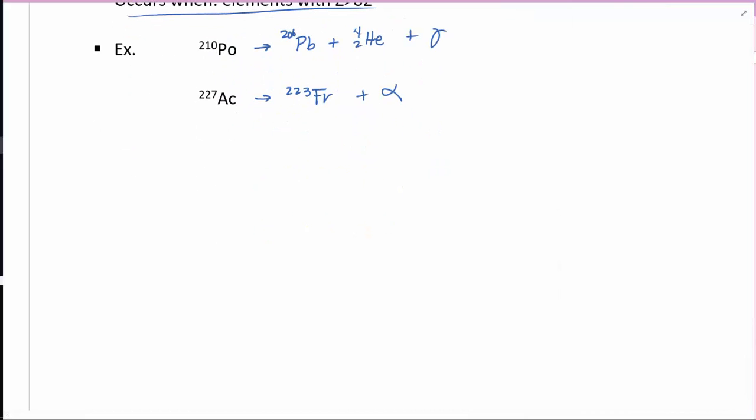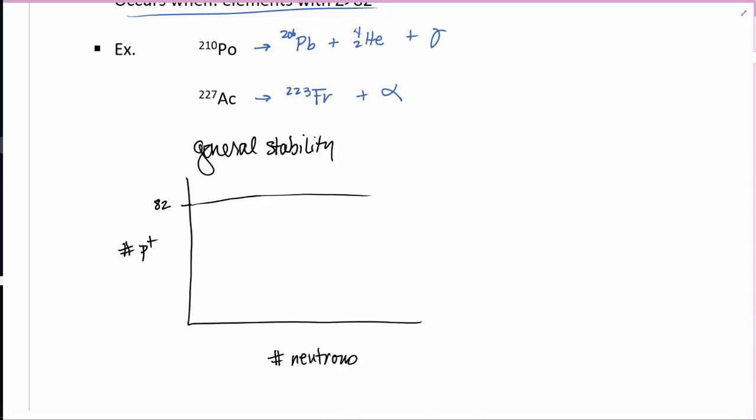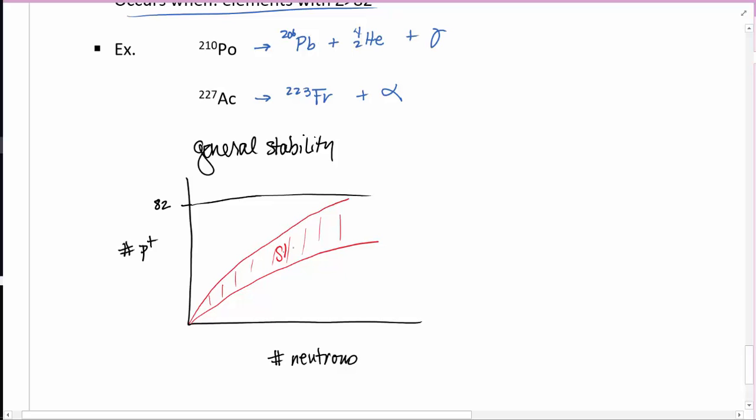And then the last thing on here is if I were to look at a chart of general stability, a chart of the number of protons versus the number of neutrons, and just for sake here, this is going to be atomic number 82, what we will see is that in general, there's sort of this curved-over zone of protons to neutrons that we would consider stable.